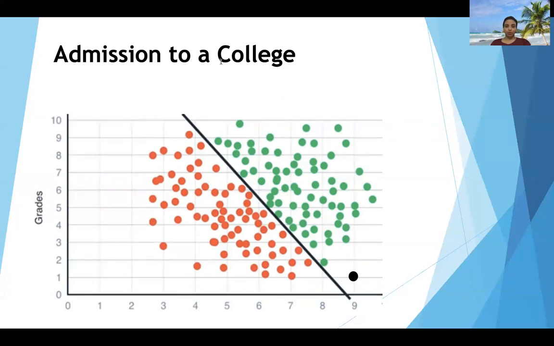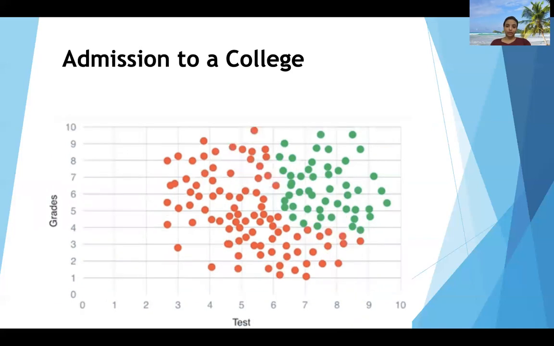But that seems wrong, since the student got a very low grade and should not be accepted. It looks like the model is too simple to think that this data can be separated by just a line. By seeing this plot, it seems that a student who got a low test score and a low grade should not be accepted. So it seems a line won't cut it properly.